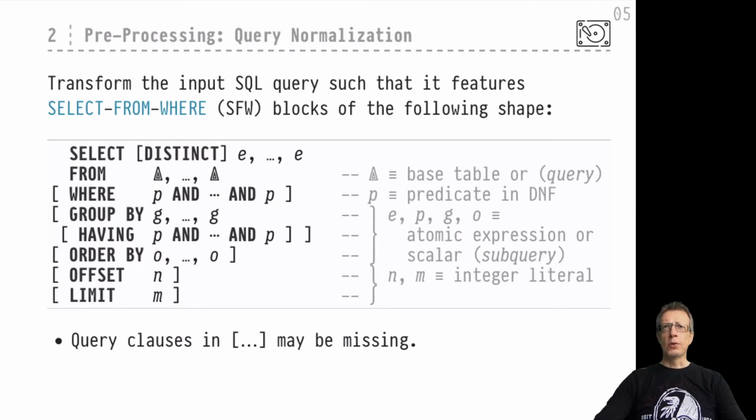All right, so let's start at the beginning and look at how query optimization starts off when you submit a query for execution to the system.